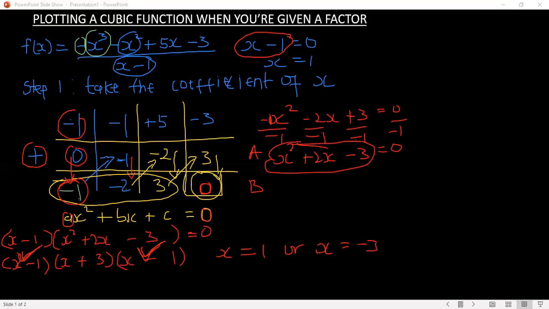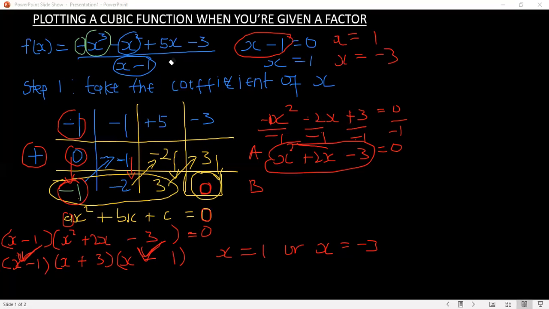Now let's determine the turning point. We're done with the x-intercepts. Let's write this down: x equals -3 and x equals +1.